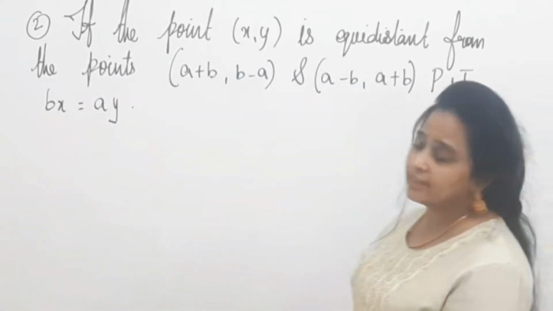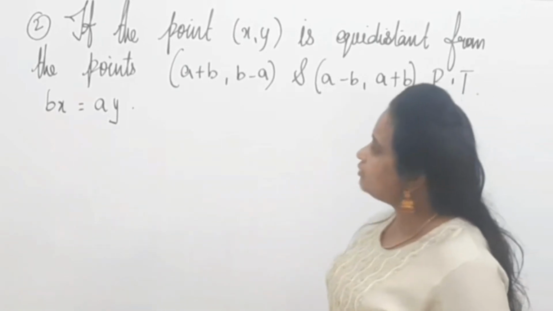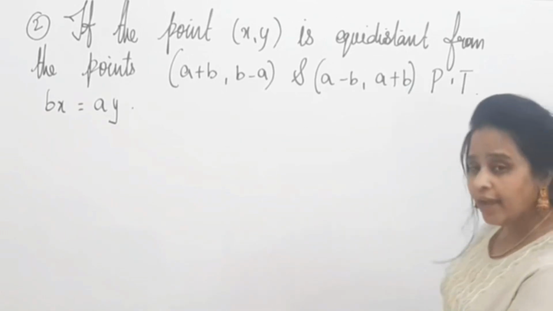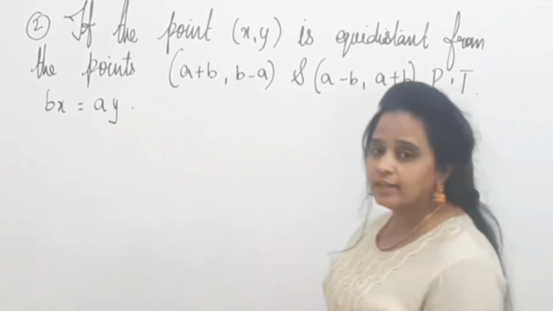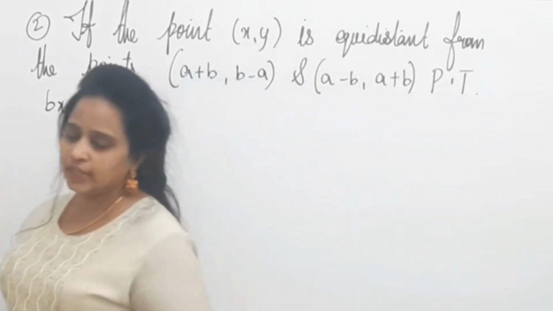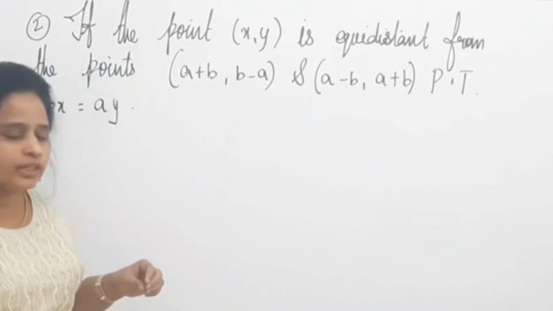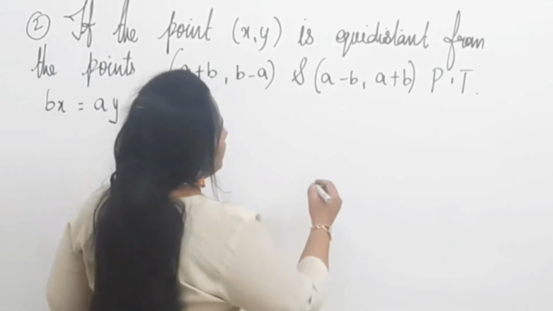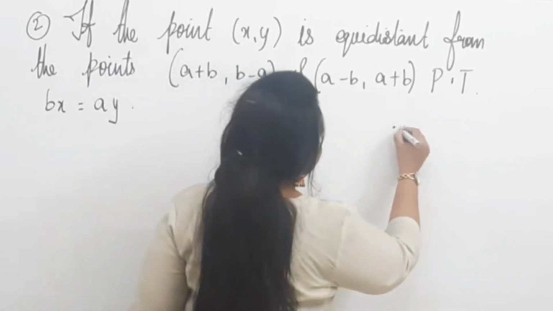The question says like this. If the point (x, y) is equidistant from the points (a plus b, b minus a) and (a minus b, a plus b), prove that bx is equal to ay. It's like derivation type. Children, I'll give you the hint for this question. It is said the point P of (x, y). So let me have my diagram.